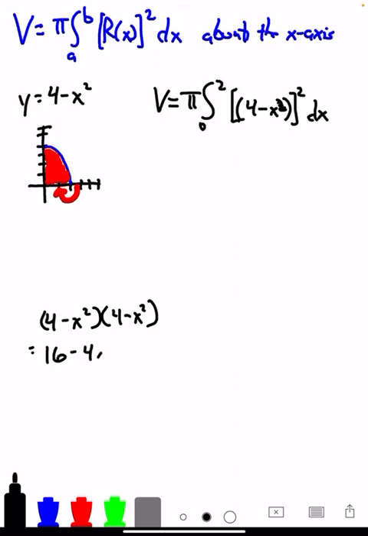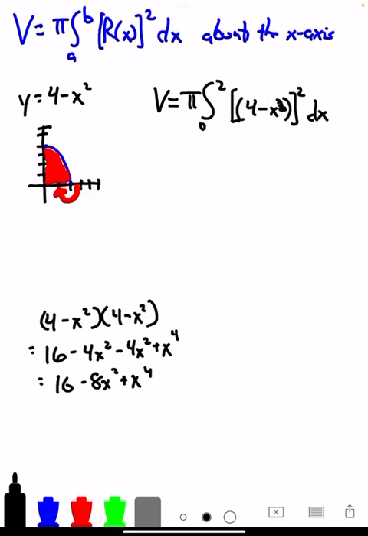Our outside and inside terms are negative 4x squared, then minus 4x squared. And our last terms, negative and negative, make a positive, so that's plus x to the 4th. This simplifies to 16 minus 8x squared plus x to the 4th.